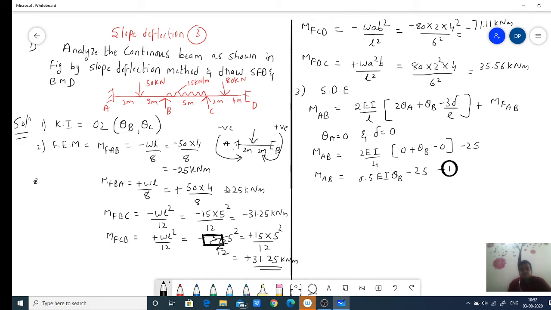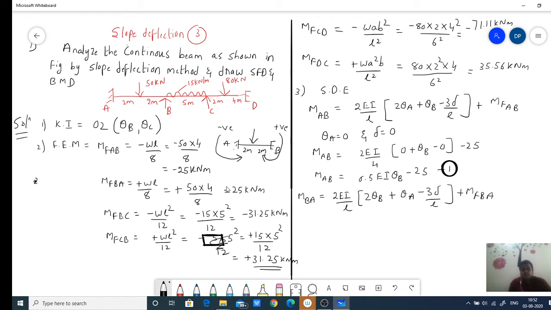Now similarly, when I am calculating MBA, it will be the same: 2EI upon L into 2 theta B plus theta A minus 3 delta upon L, plus MFBA.